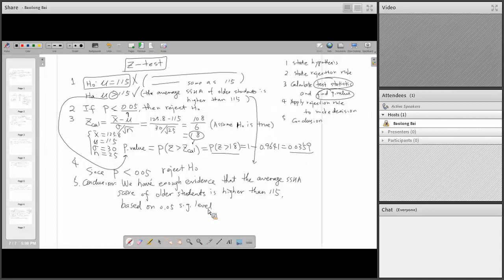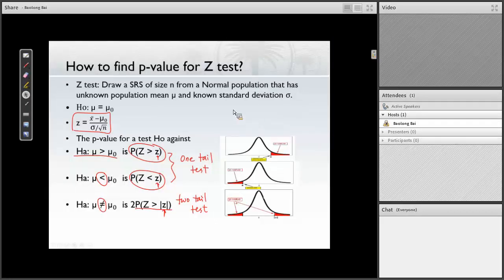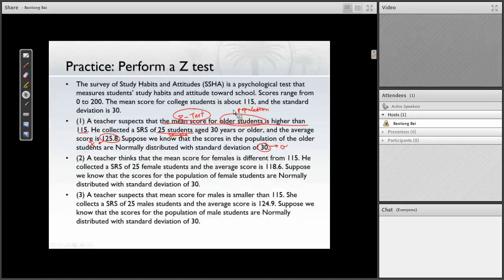Right? So we use alpha of 0.05 when we do the hypothesis test. So that's the complete process of performing a z-test using a 5-step hypothesis test procedure. Okay. Then for any other questions, it will be pretty much very similar.